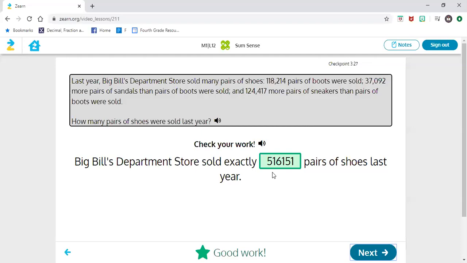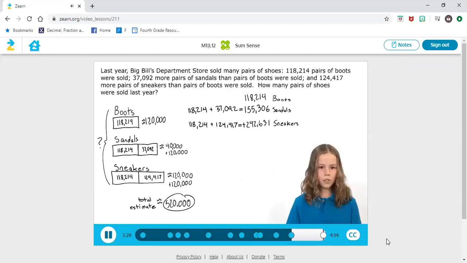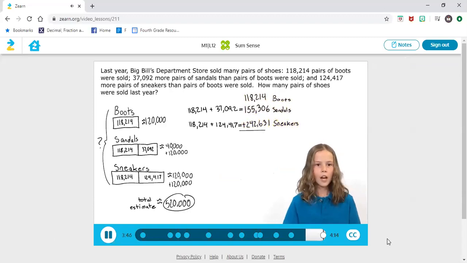So let's go back and enter that in. All right, so I entered in what we added up, and good job. So I added 118,214 pairs of boots, plus 155,306 sandals, plus 242,631 pairs of sneakers, and I got 516,151 pairs of shoes in all.